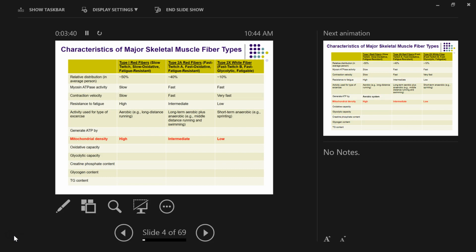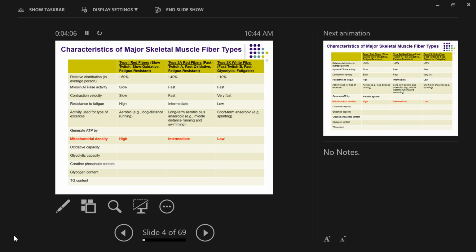We actually have 3 different types of fibers: type 1 red fibers, type 2A fibers, and type 2X fibers, right? You want to remember type 1 red and type 2X.